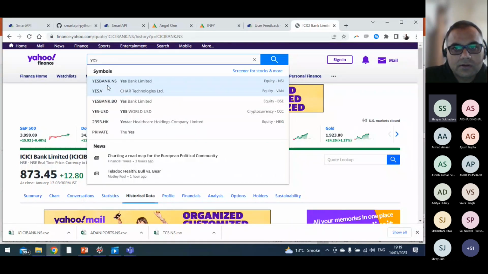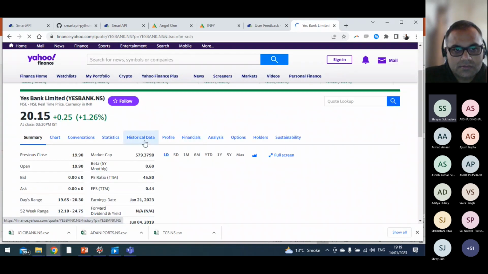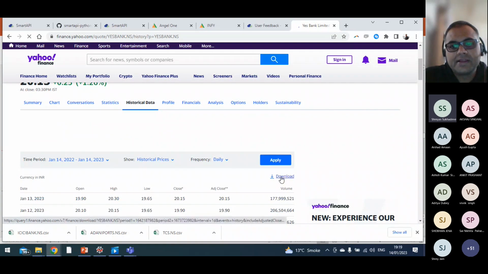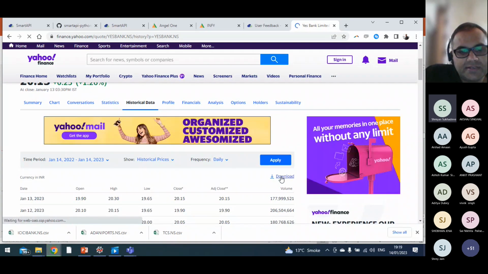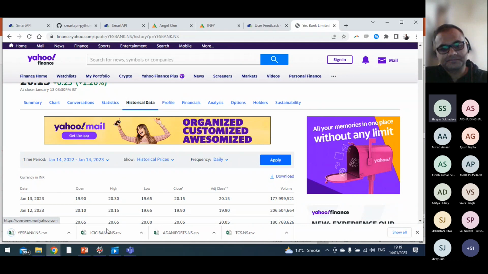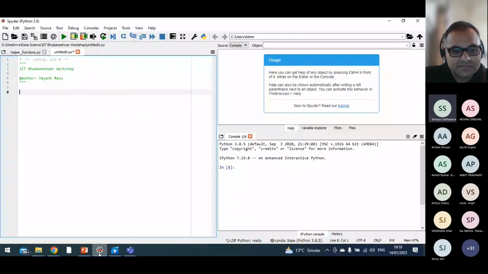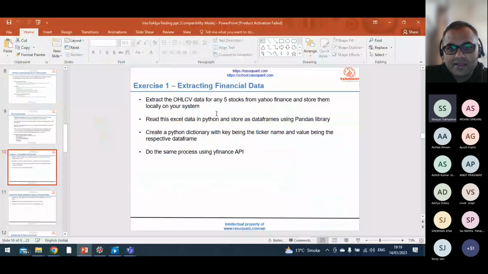Okay, yesbank.ns. Historical data, download. All right. So I have downloaded the historical data for 5 stocks. I hope that you have done that too. So I'm giving you 5 minutes. Okay, 5 minutes, fine.